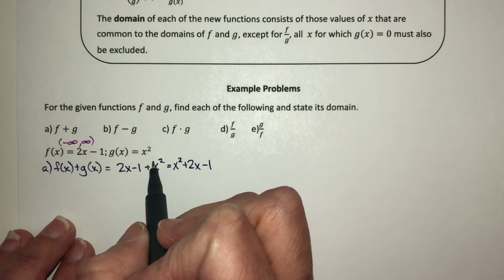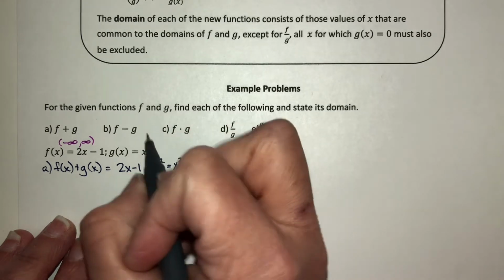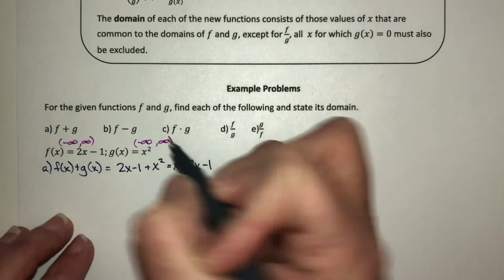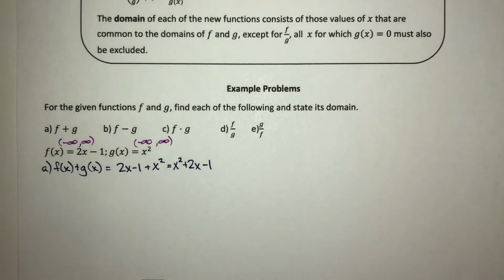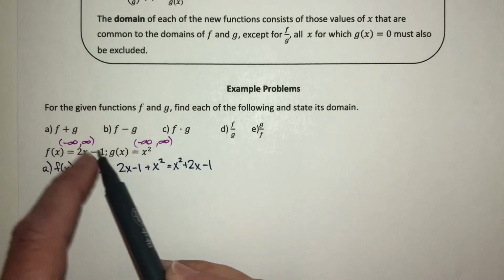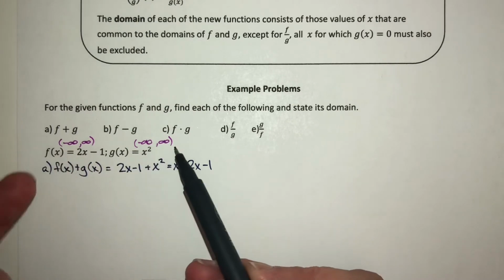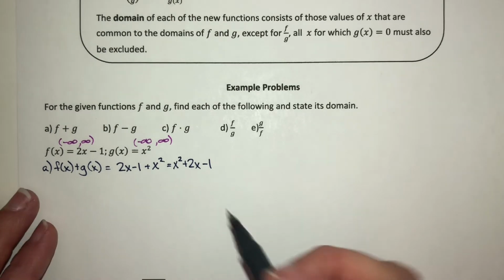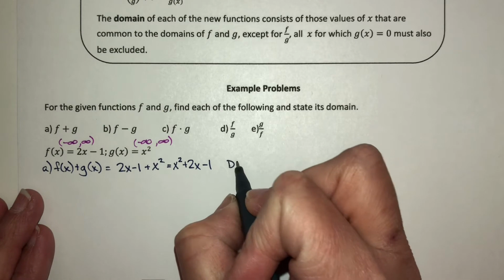X squared is defined everywhere on the x. So this is negative infinity to positive infinity. Now, since the two pieces we were using were good from infinity to infinity, and we have not added any new complications when we combine them, this will have the same domain.